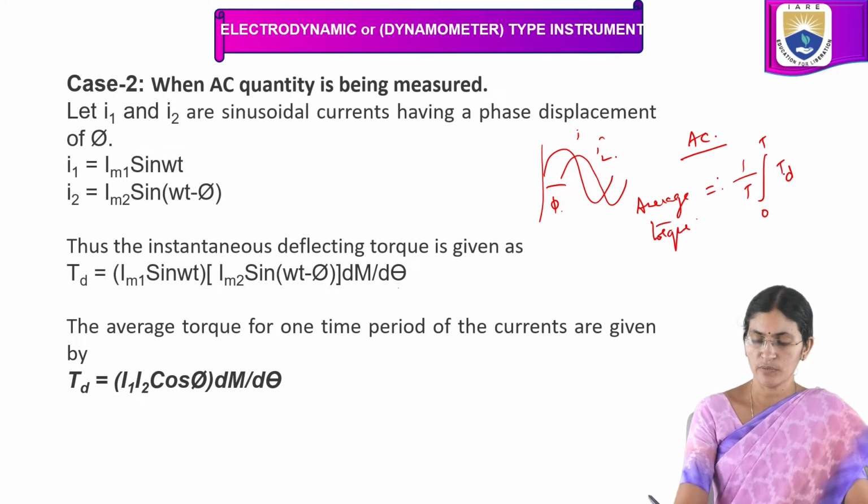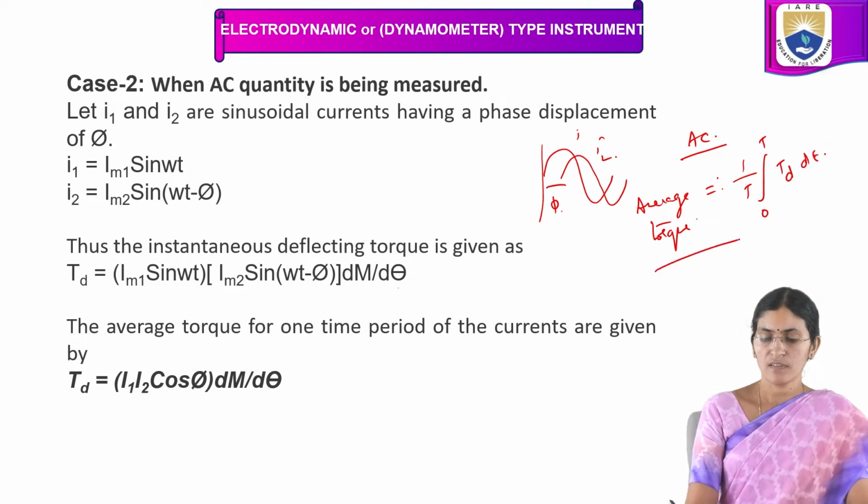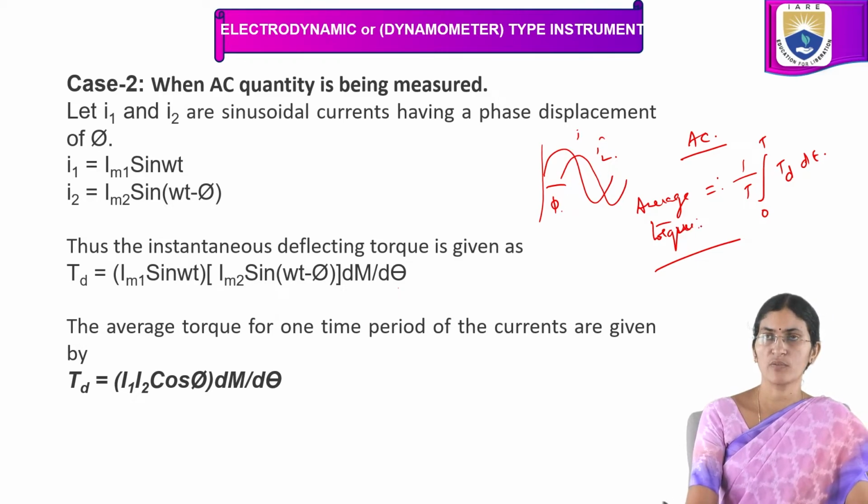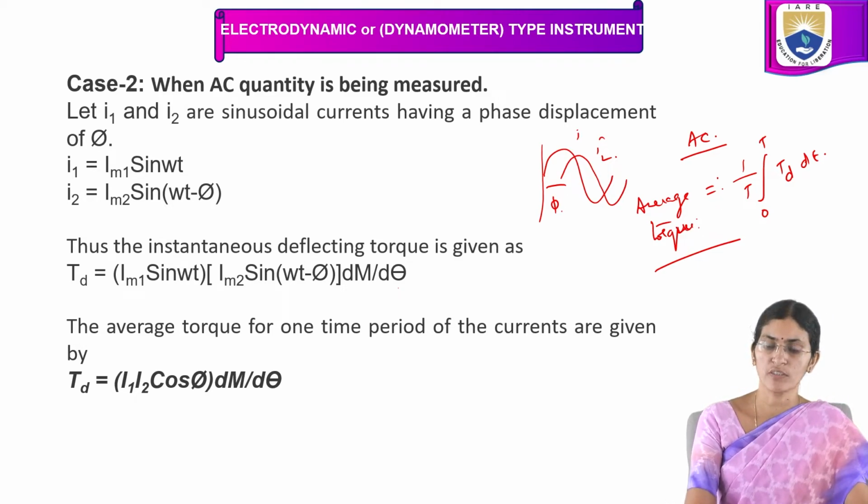The average torque is equal to 1 by T integral 0 to T Td into dt. So the moving system, or the moving coil, responds to the average torque only. So we have to consider the average torque, which is given by 1 by T integral 0 to T Td into dt.